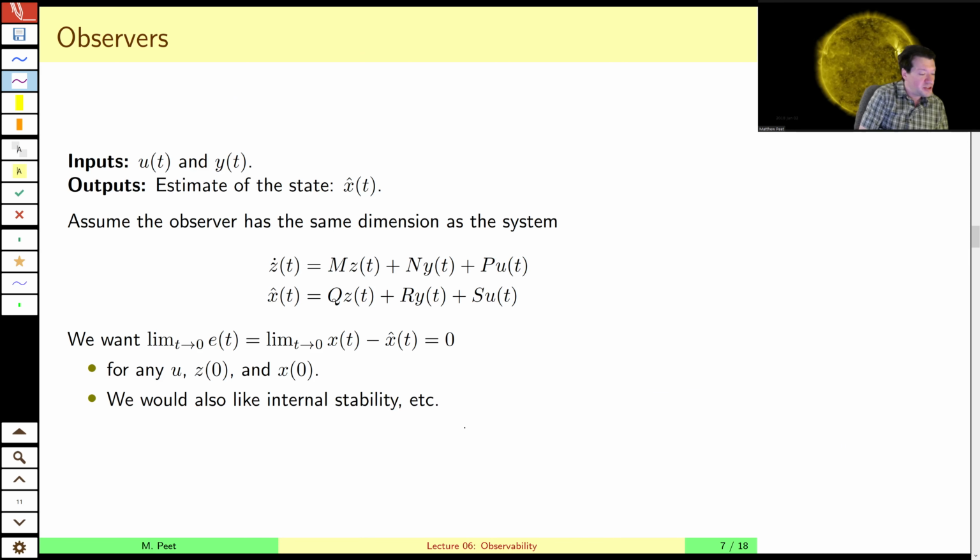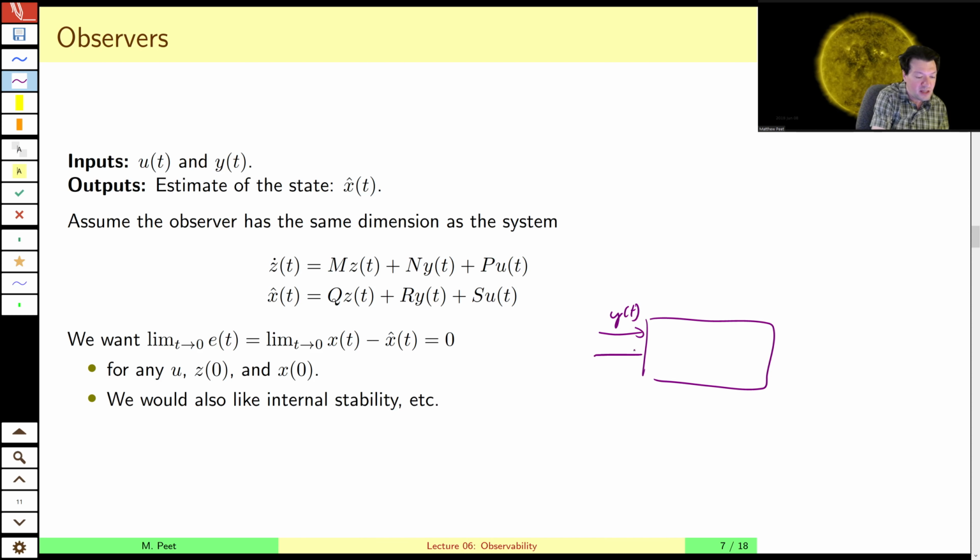We'll try to make it general. We have 2 inputs to this system: the measurements y of t, and of course we know our u of t, so we can have that as an input as well. And the output, we're going to call x hat of t, the estimate of the state, hat for the estimate.